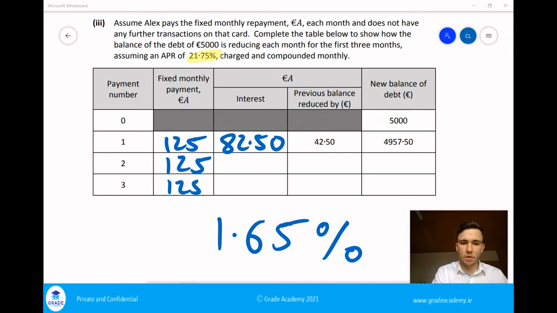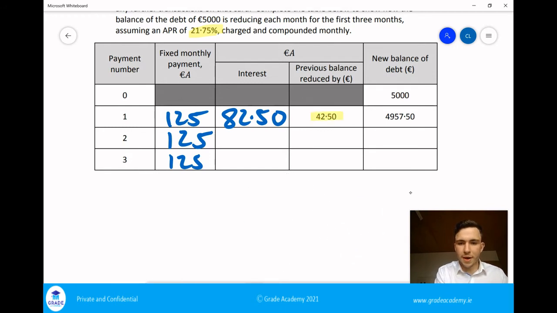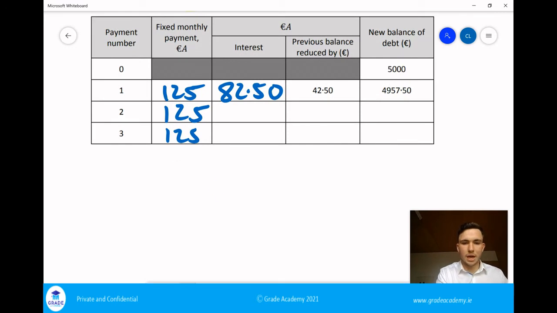So what is happening? Where are we getting this figure from? You'll notice that this figure is simply the 125 minus the 82.50, and then the previous balance of €5,000 is reduced by that. I know that's all a bit much probably in one go, but I'm going to explain what's going on. We are paying off a debt of €5,000.